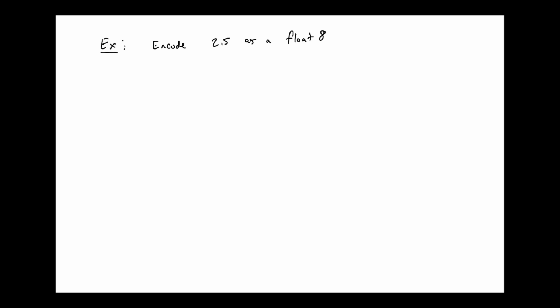Okay, so the first step is scientific notation. But when we do that, we're going to write it in binary scientific notation, not base 10 scientific notation.